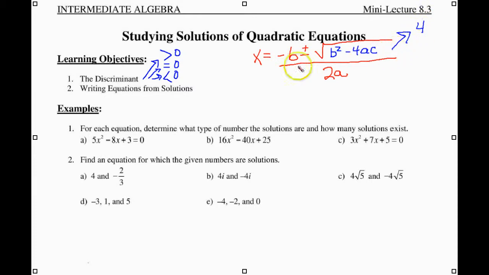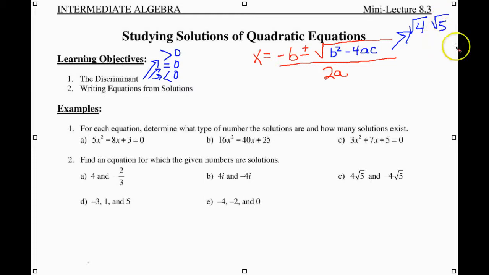Now, if the discriminant is, let's say, 5 instead of 4, we can put the radical sign over them, then again it's going to be 2 real numbers, but they will be irrational because of the radical 5.